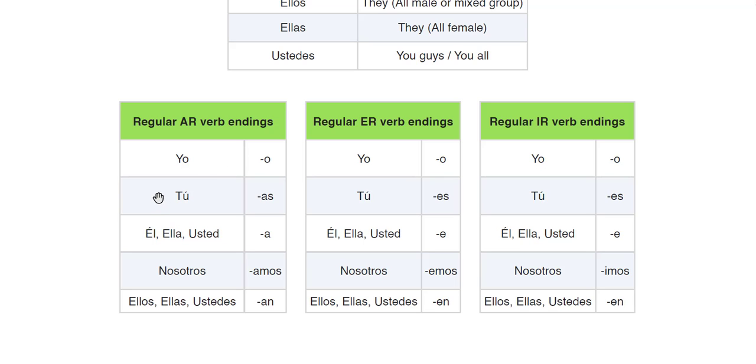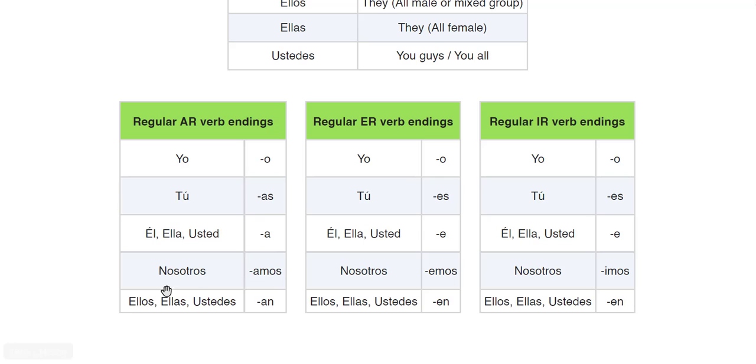Similarly, if I want to say that you, tú, informal, are doing that verb, I will remove the AR and replace the AR with AS. Okay? If I want to say that he, she, or you, or even that it, right, happens to be doing that thing, I will remove the AR, put an A. Nosotros, we, gets an amos at the ending.